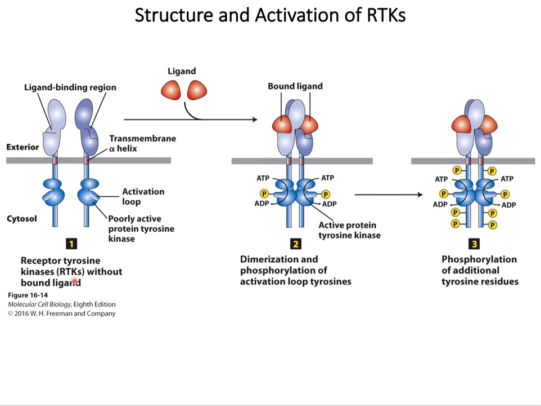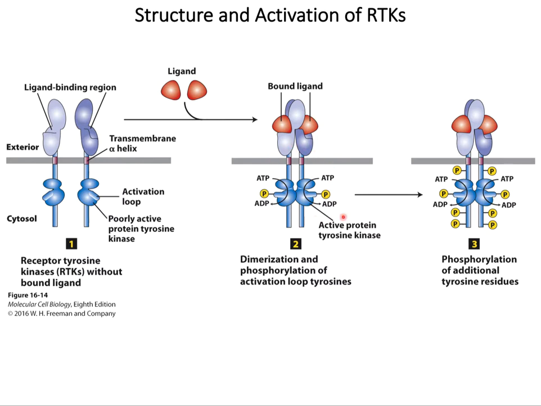However, when these receptors encounter and bind a ligand, they dimerize, as shown in this step 2. And it's the dimerization event that activates the tyrosine kinase's catalytic domain, and you see phosphorylation. And I should say that the tyrosine kinase domain actually phosphorylates tyrosines in the receptor cytosolic domain itself.